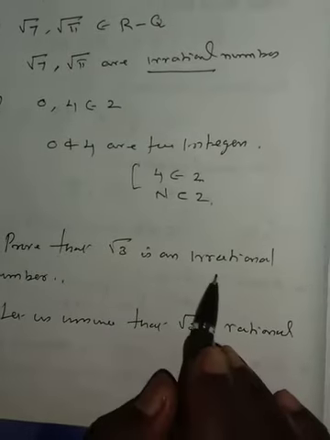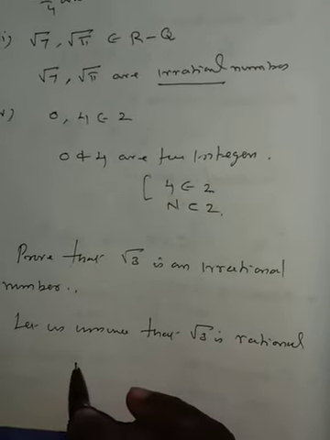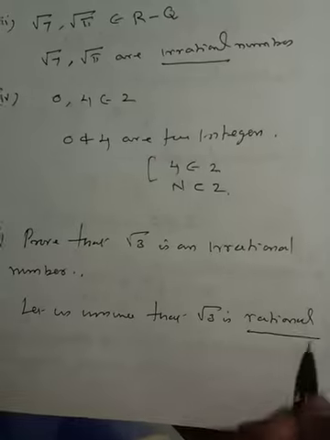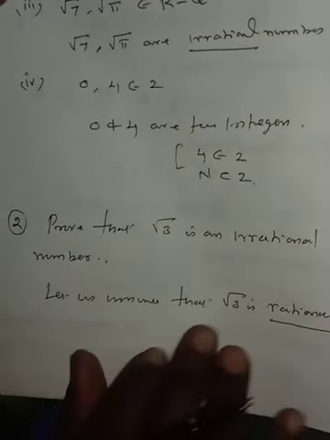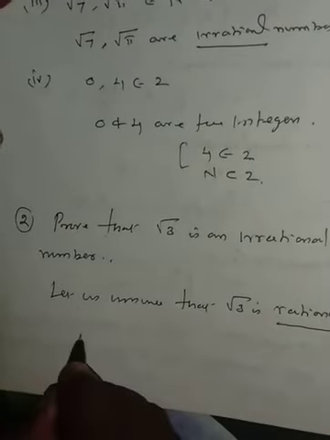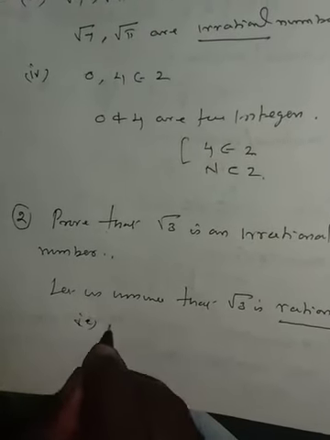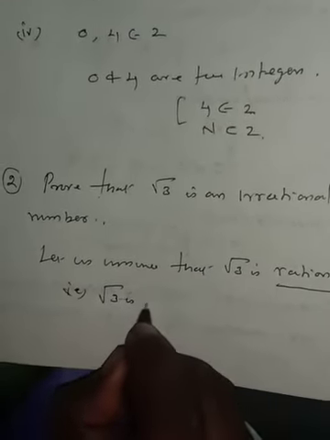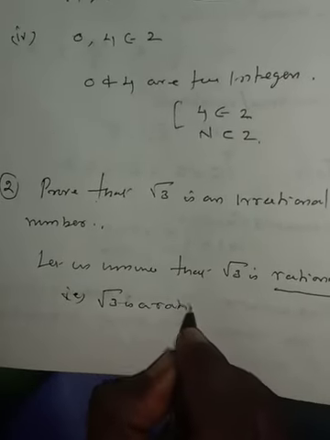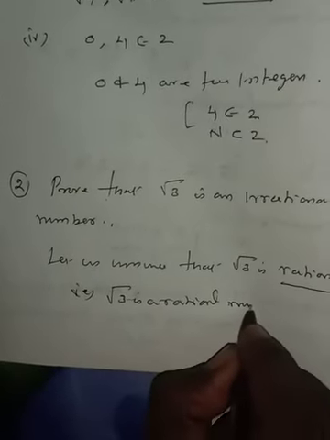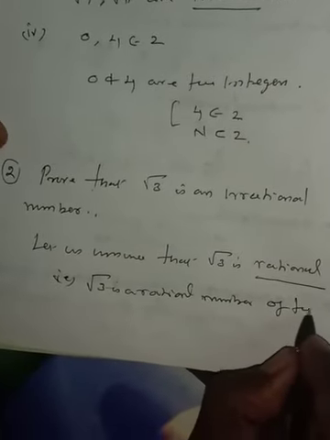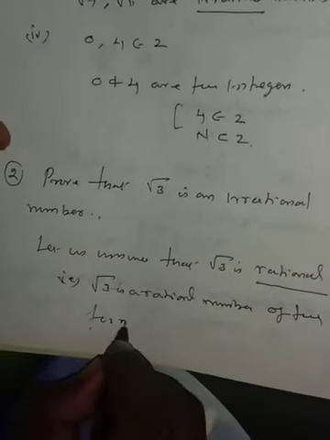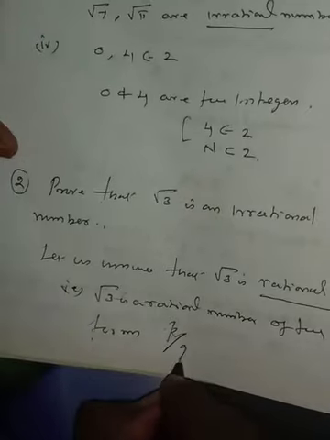Root 3 is irrational, but we have to take it as rational. Root 3 is rational means it is of the form p by q.